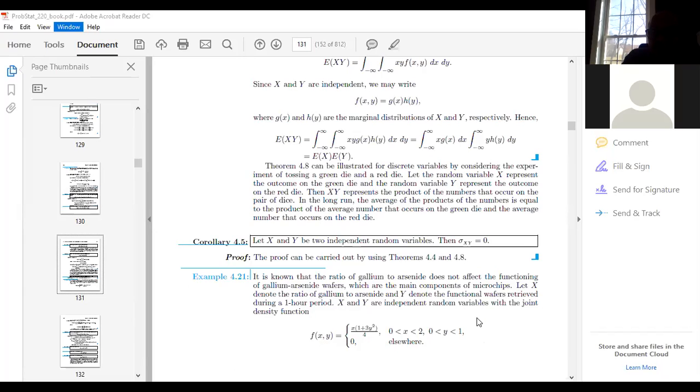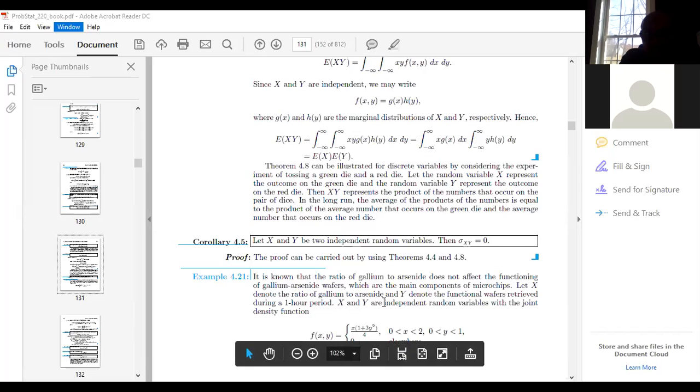X and Y are independent random variables with the joint density function, this one. With this joint density function, we are going to figure out our g of x and h of y.